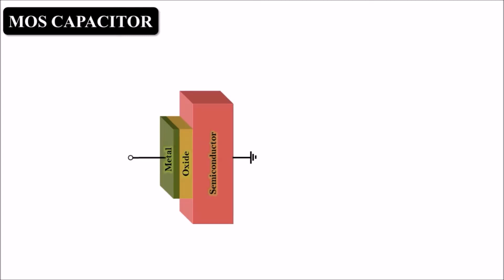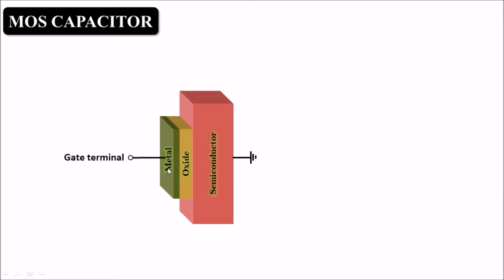Though we are not going into the detail and derivation of these basics, this is how the MOS capacitor looks. It has two terminals, gate terminal and ground terminal, and it consists of three materials: metal, oxide and semiconductor.